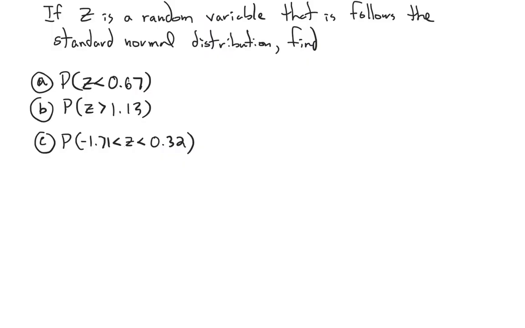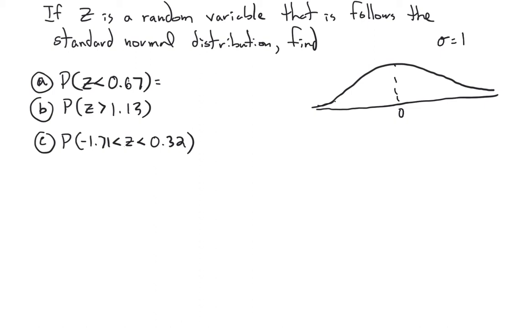Okay, so let's have that standard normal distribution just as before, and we'll say a random variable is z. So we're picking an element, and we're determining the z-score of that element. The first question asks, what's the probability that z is less than 0.67 if we randomly select an element from this standard normal distribution that has a mean of 0 and a standard deviation of 1, or you can also think of it as standard deviations from the mean.